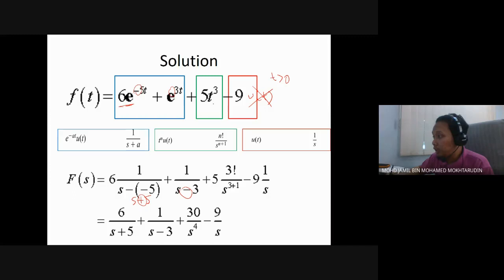The third one is 3 factorial divided by s to the power of 3 plus 1, times 5 here. And lastly, it becomes 9 times 1 over s. So you simplify, and you get this answer.